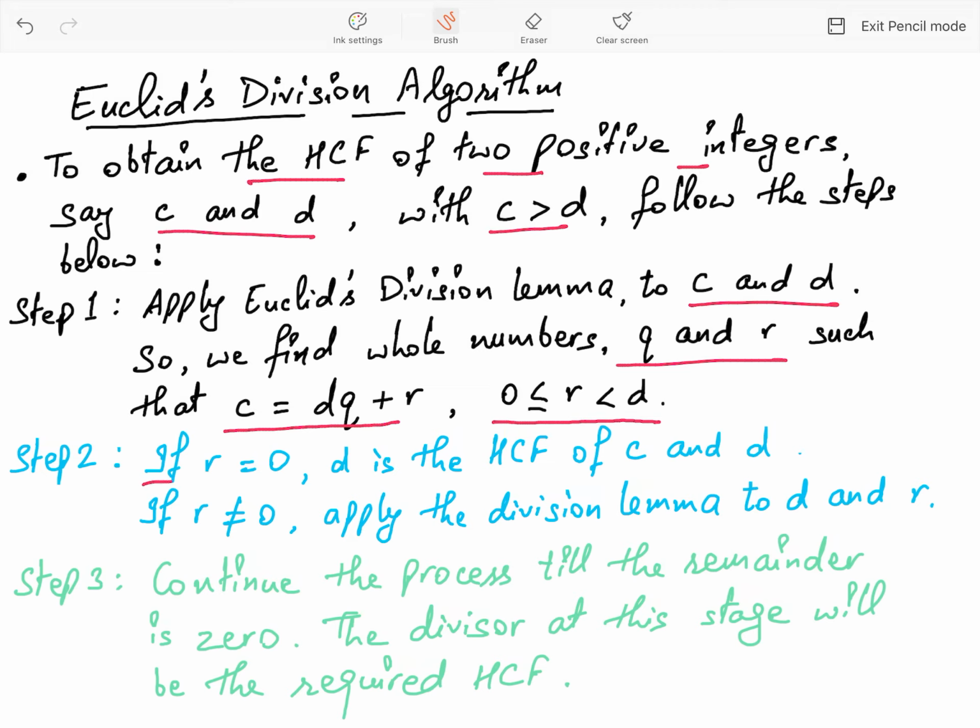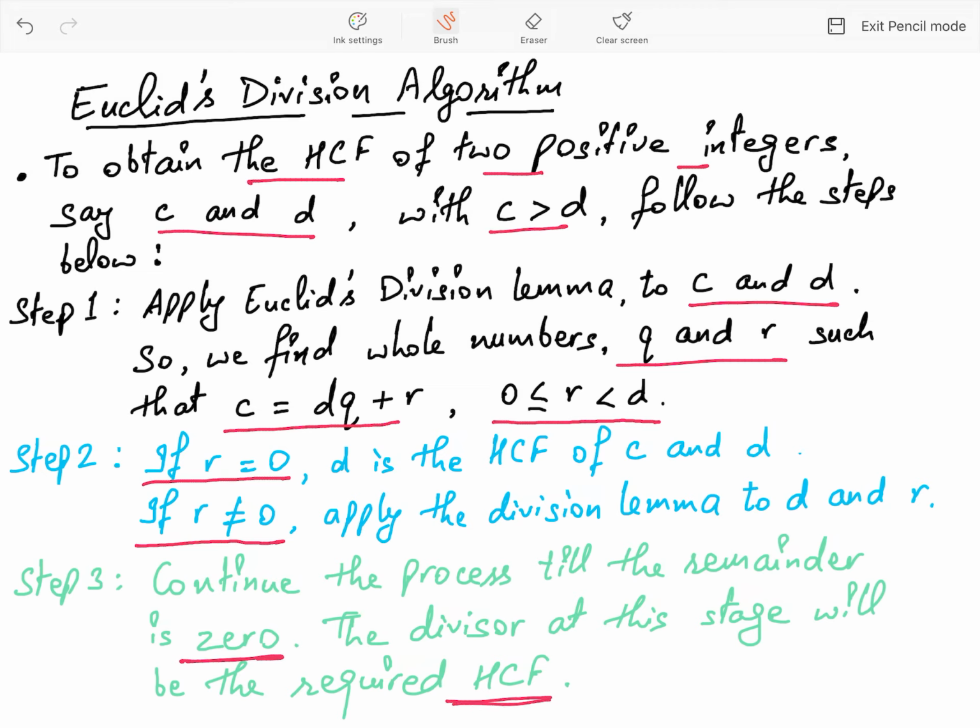If R is equal to 0, then D is the HCF of C and D. If R is not equal to 0, apply the division lemma to D and R. Until we get a 0, we have to apply the division lemma. Step 3. Continue the process till the remainder is 0. The divisor at this stage will be the required HCF.